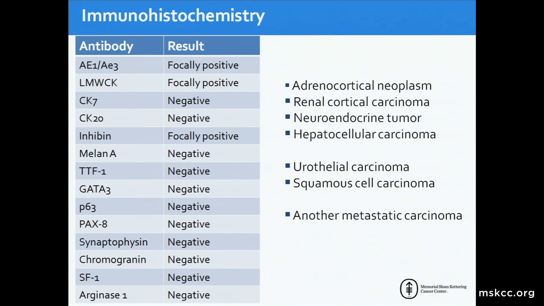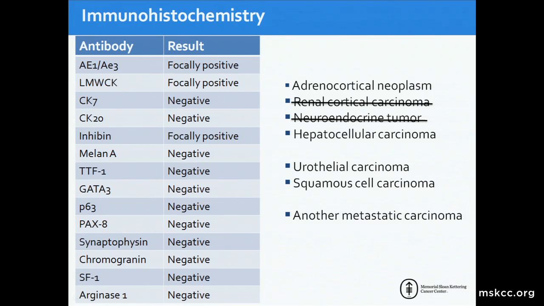So let's turn to immunohistochemistry, which is what we turn to as a first step. This tumor was negative for synaptophysin and for chromogranin. So that makes a neuroendocrine tumor not so likely. It was negative for arginase 1, a marker that we like for hepatocellular differentiation.